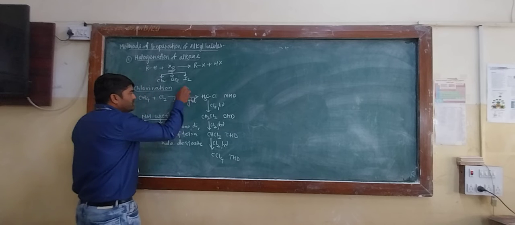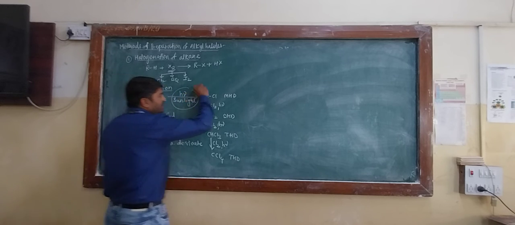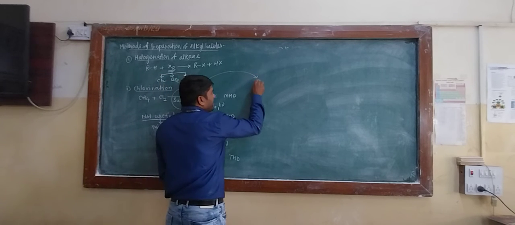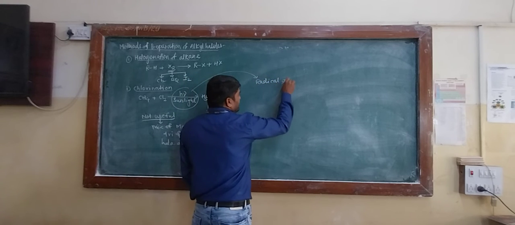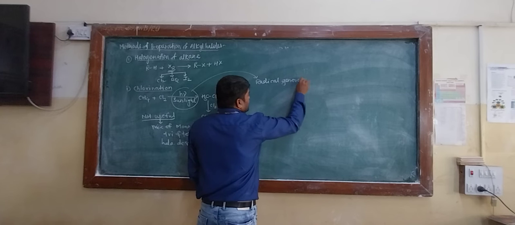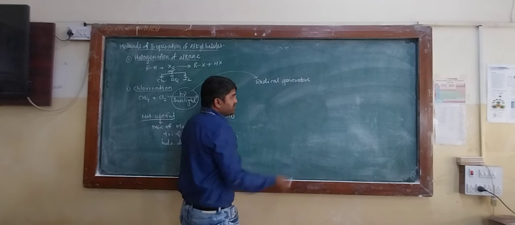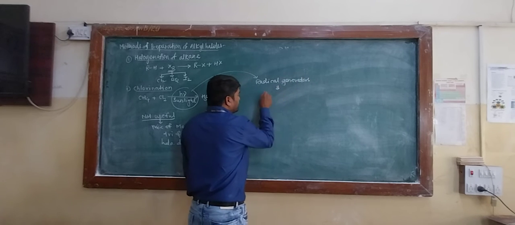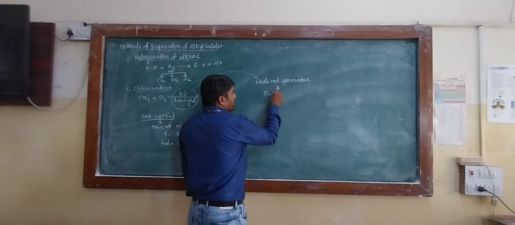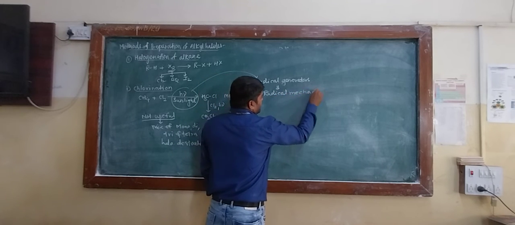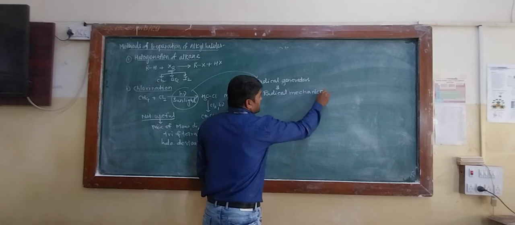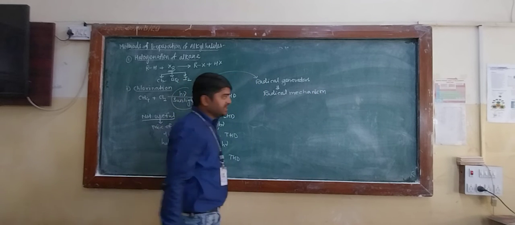You know, here the role of hν and sunlight: these are the radical generators. There is a radical mechanism. Right. So in the radical mechanism, there are three steps.